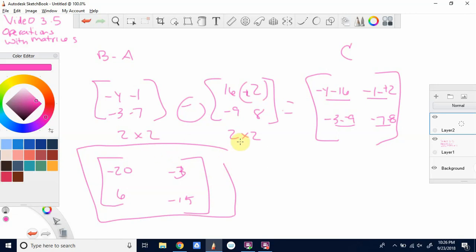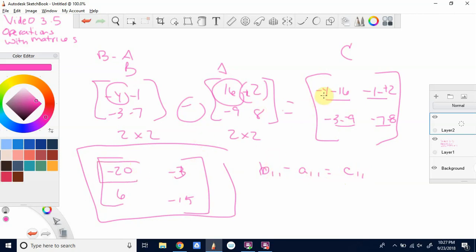Okay, so they have to be the same size, and then you just take the same elements. So this is B, this is A, little b is in row 1, column 1, and we're going to subtract from it little a, 1, 1, which is going to go in little c, 1, 1.